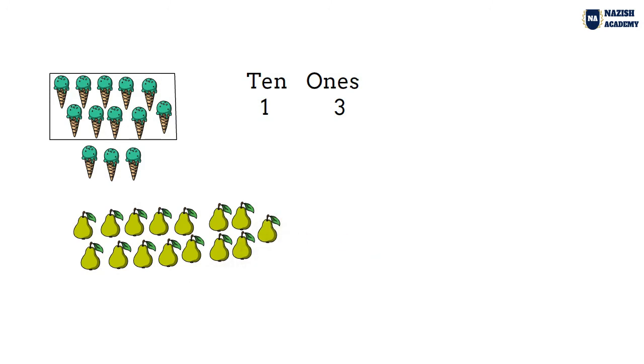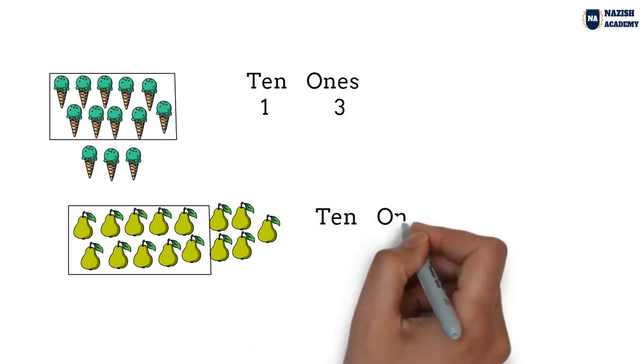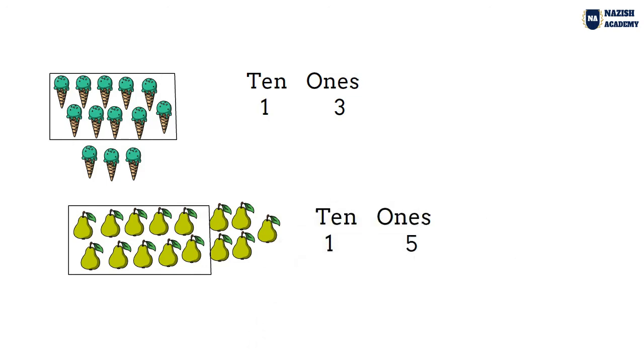We have to make a group of 10 pairs. 10 and ones. 1 is at the place of 10 and 5 is at the place of ones.